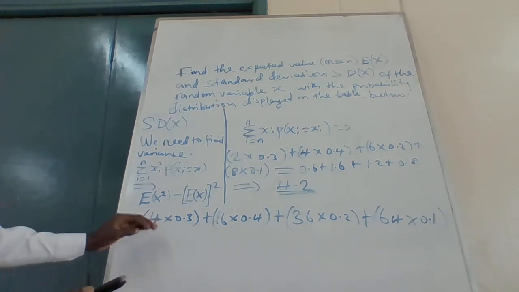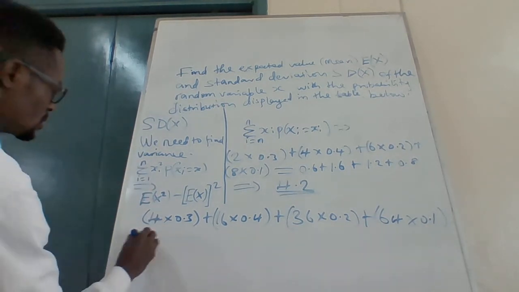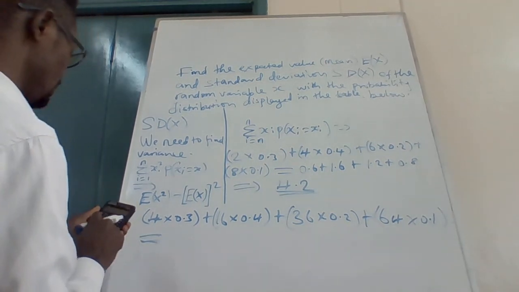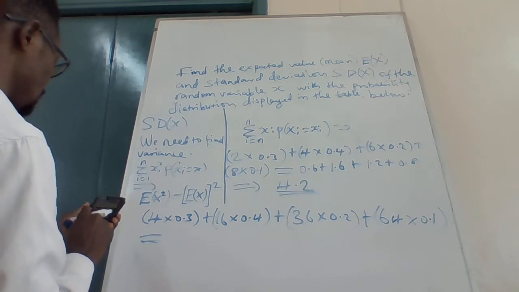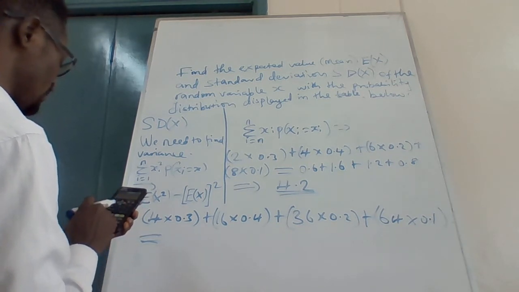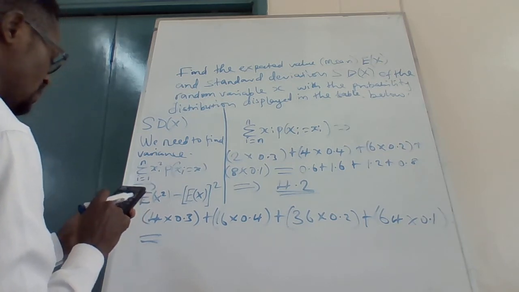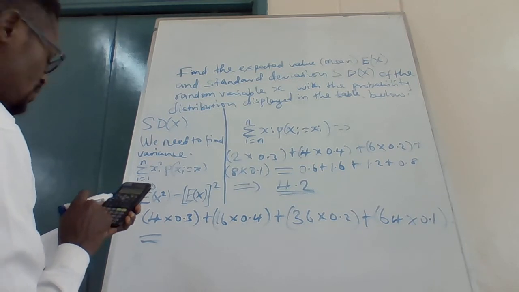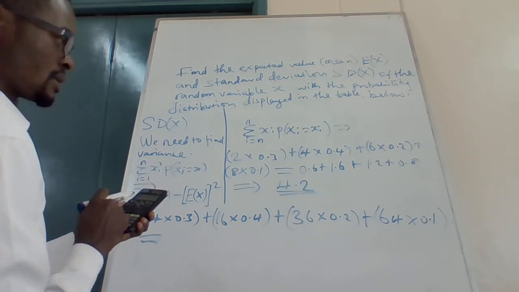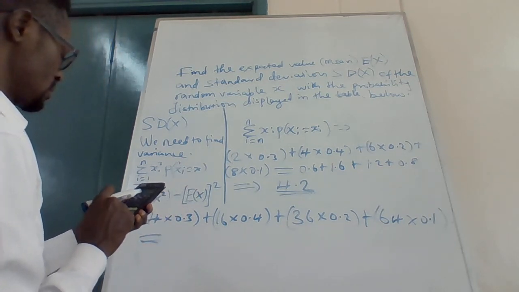This value will give us the variance. So this will be equal to 4 multiplied by 0.3 plus 16 multiplied by 0.4 plus 36 multiplied by 0.2 plus 64 multiplied by 0.1.